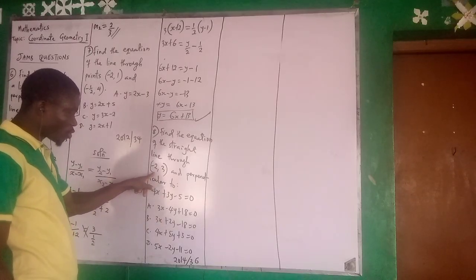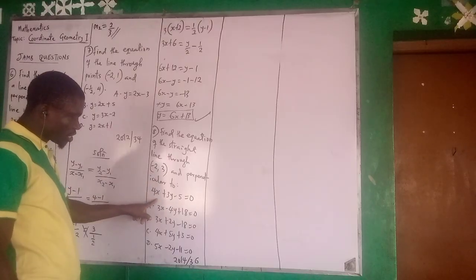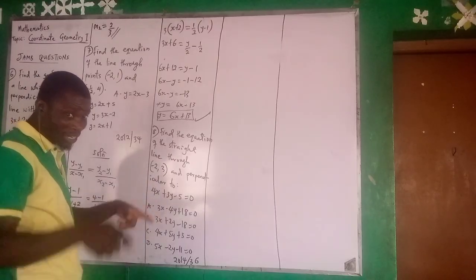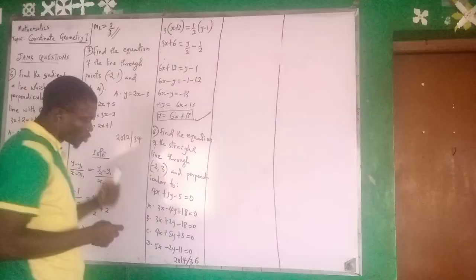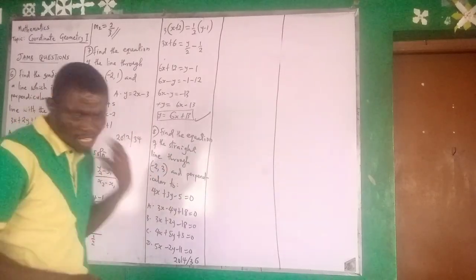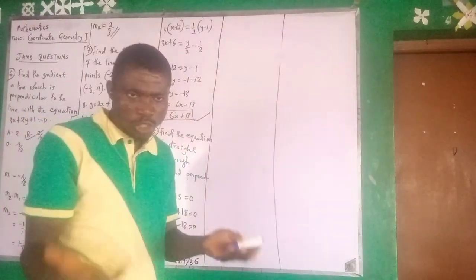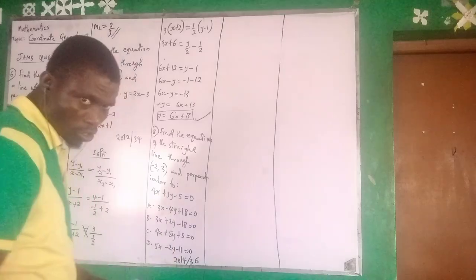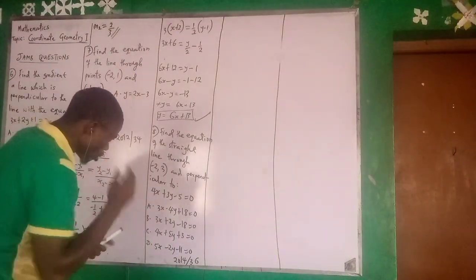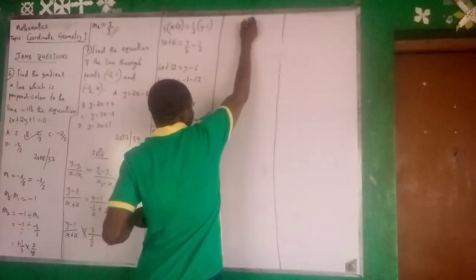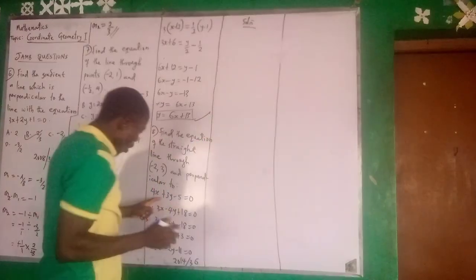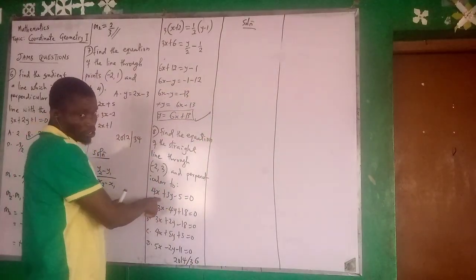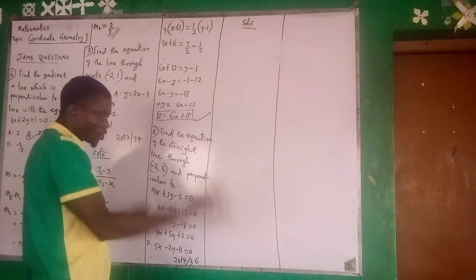Two lines are perpendicular if the product of the slopes is minus 1. So the first step is to get the slope of this equation, and that will help you to get the slope of the other equation, right?